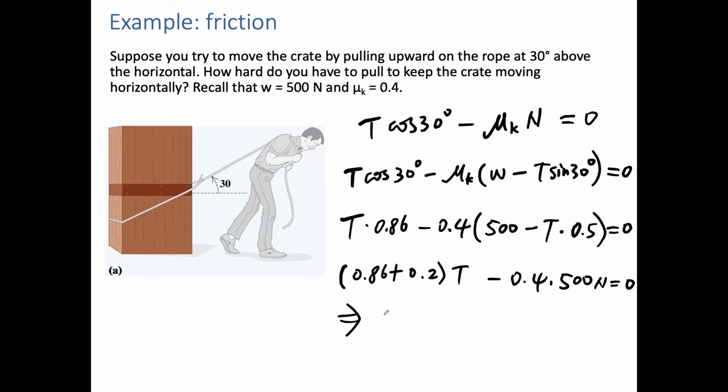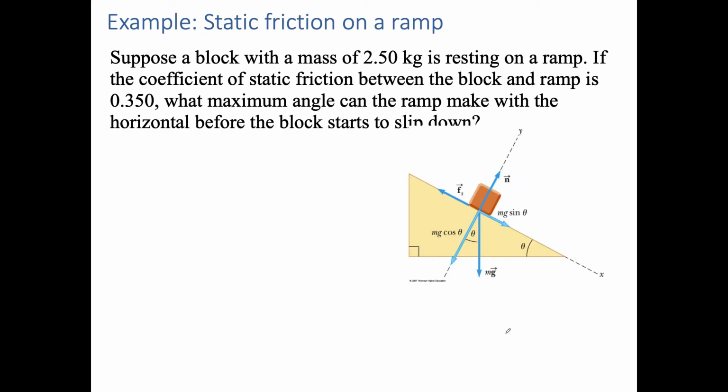And then we can solve for t is 189. Actually, it's smaller than 200. So it's actually possible that we can pull this box with a force smaller than 200 if we cleverly apply the force a little bit above horizontal direction.